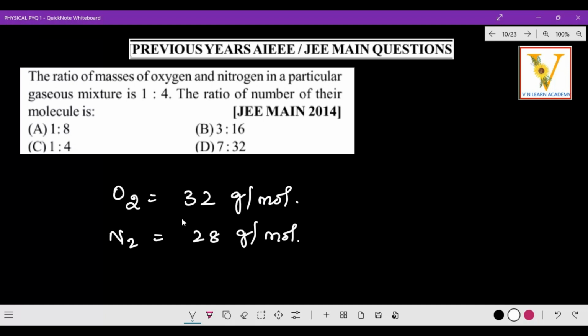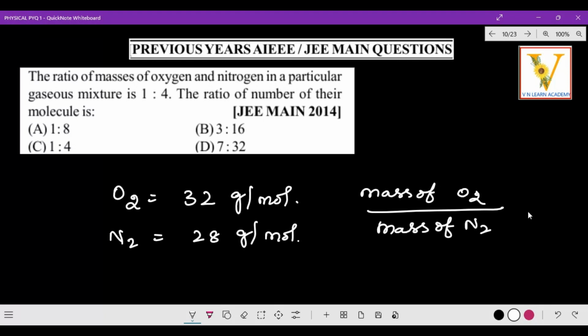Now next, the ratio of the terms, mass of oxygen and mass of nitrogen: mass of O2 divided by mass of N2. They have provided 1 is to 4, so we bring 1 divided by 4.